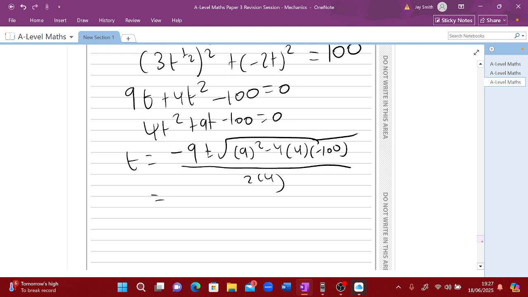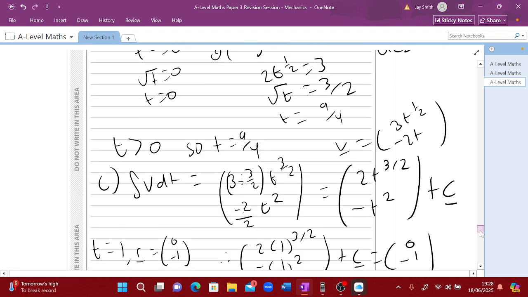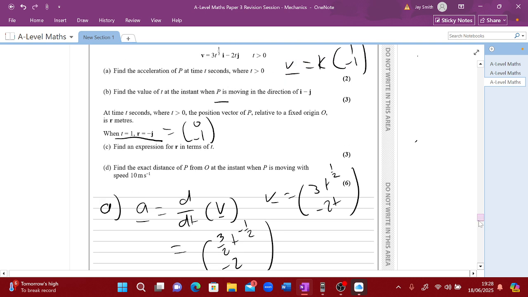The polynomial solver of 4, 9, and −100 gives t as 4 or −25/4. But again, t is positive, so therefore t is 4. So that's the value of t when the speed is 10.